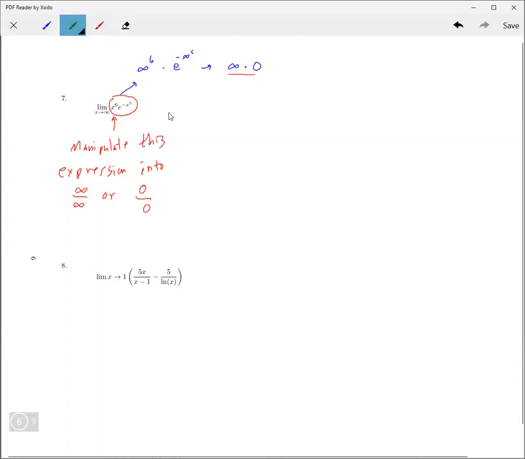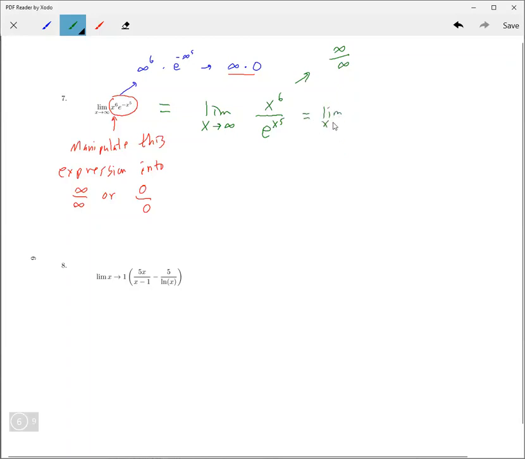And in this case, it's not too bad. In this case, they pretty much fall right into your hands because this e to the negative x, you might already have the instinct to just write it as 1 over e to the x to the 5th. Okay, so if you have a negative exponent, that means you can just put it in the denominator without the negative. Okay, and now we have infinity over infinity. Okay, so that means we can apply L'Hopital's rule.